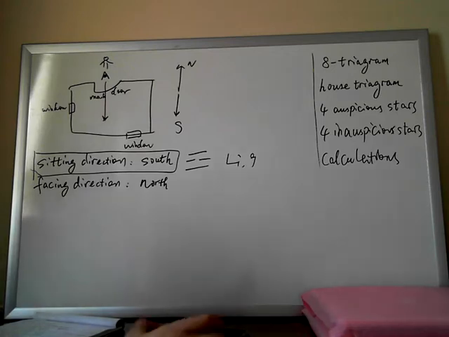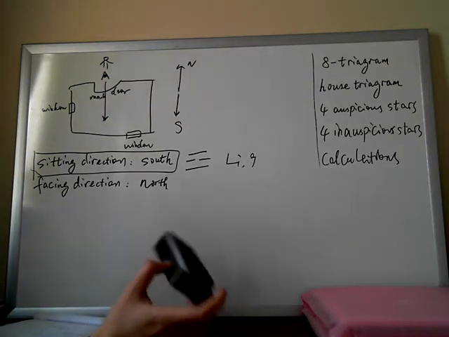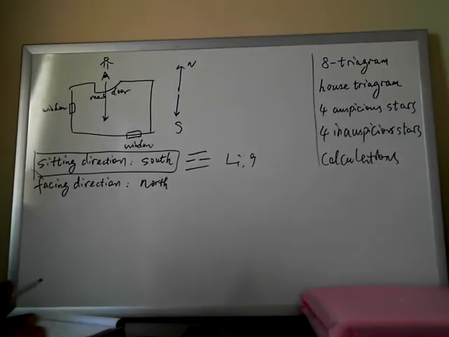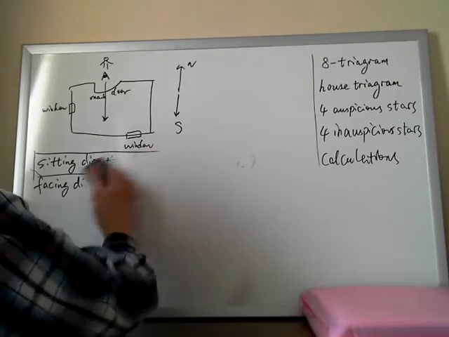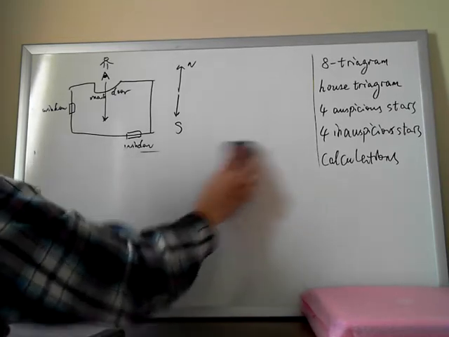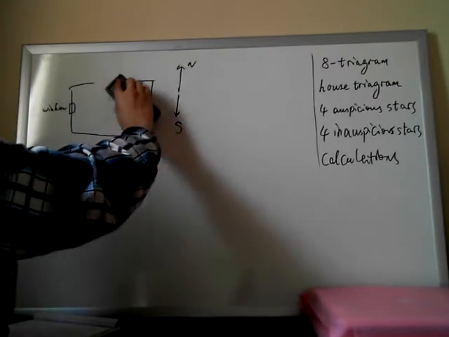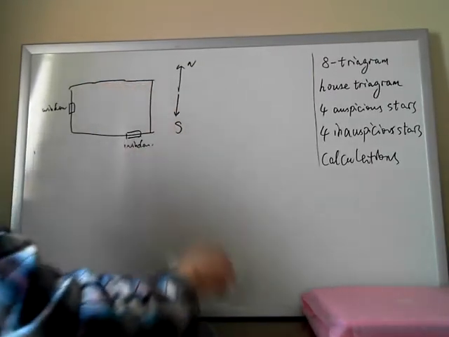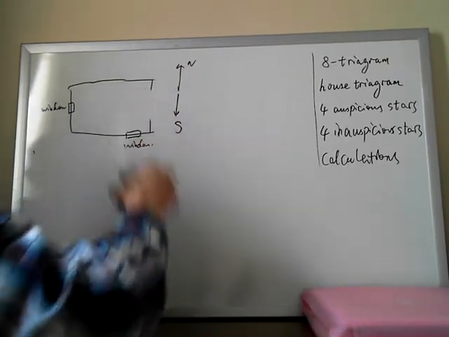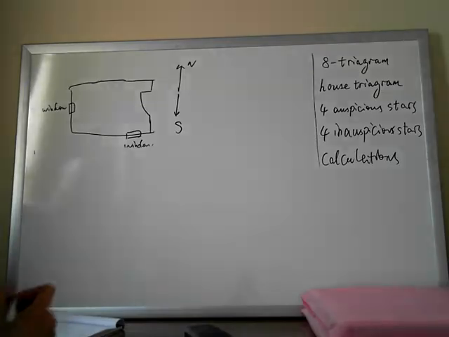If you took some notes just now, you can look up in your notes. Okay, one more example. Let's say the main door is not here, the main door is here.